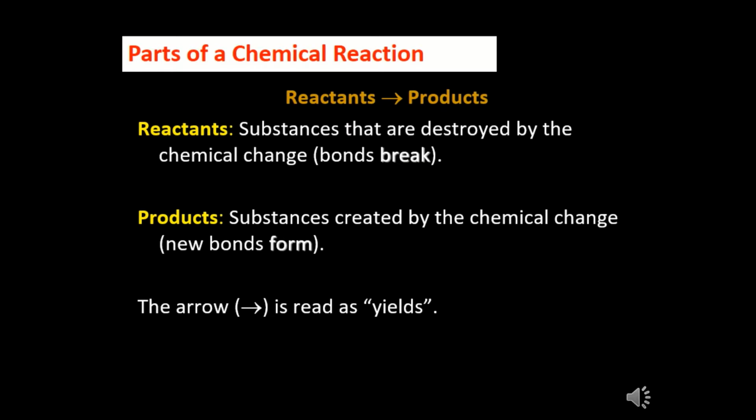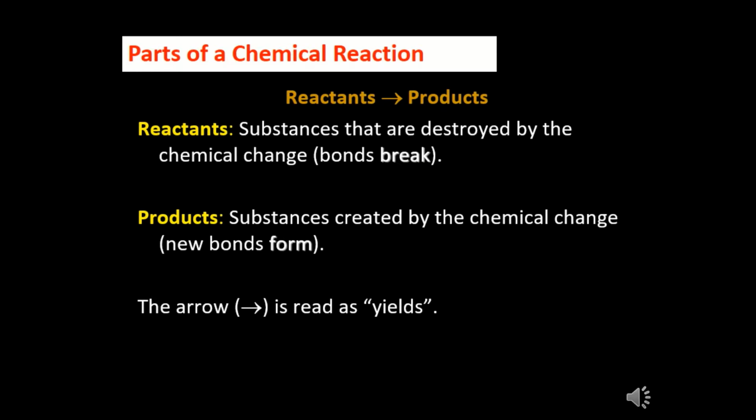Okay, so the arrow means yields. Yields means produces. If you look at the part here on the top, reactants, then arrow, products. It means reactants produce products, or reactants yield products.